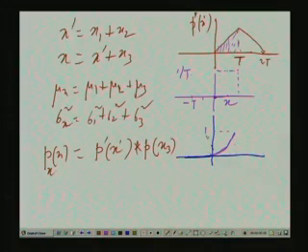After this, what is happening? If this goes further to the right, suppose I am somewhere here, what is happening from this side?